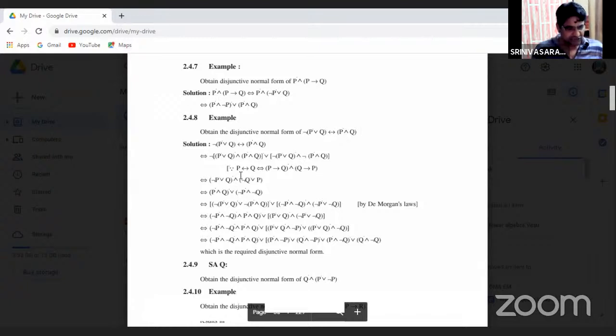P is equivalent to Q if and only if (P to Q) and (Q to P).